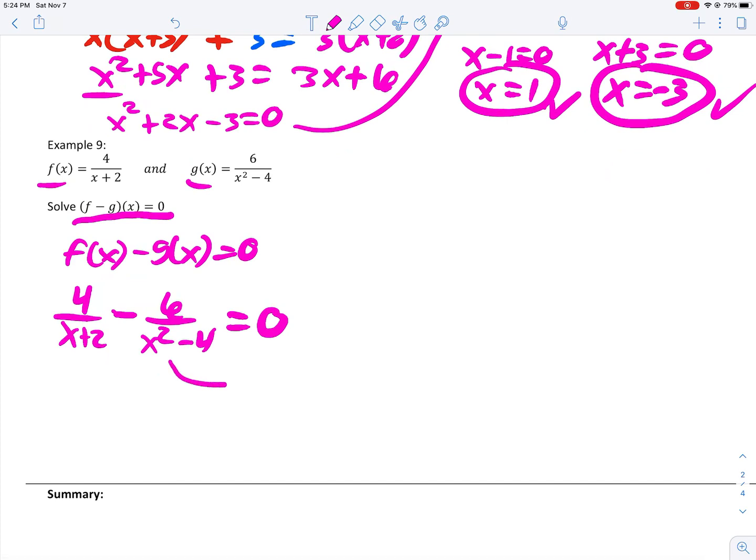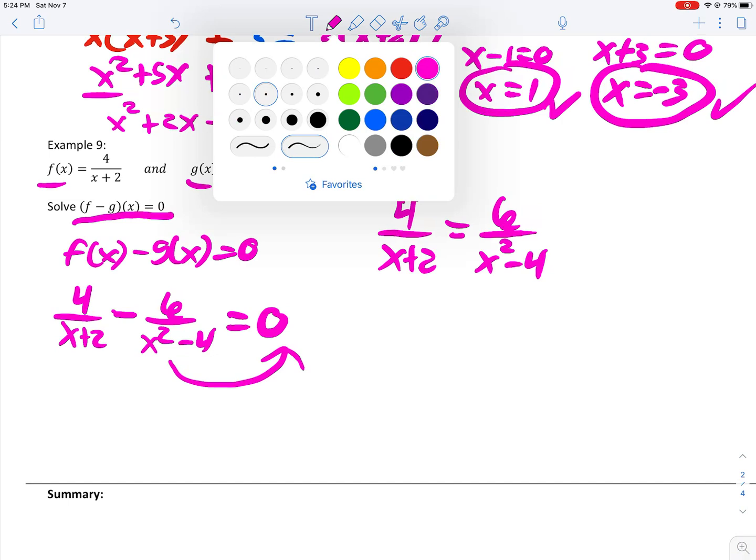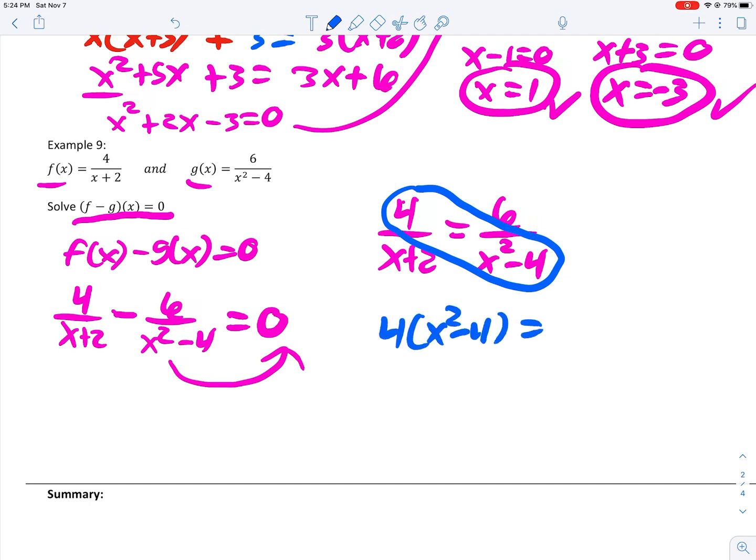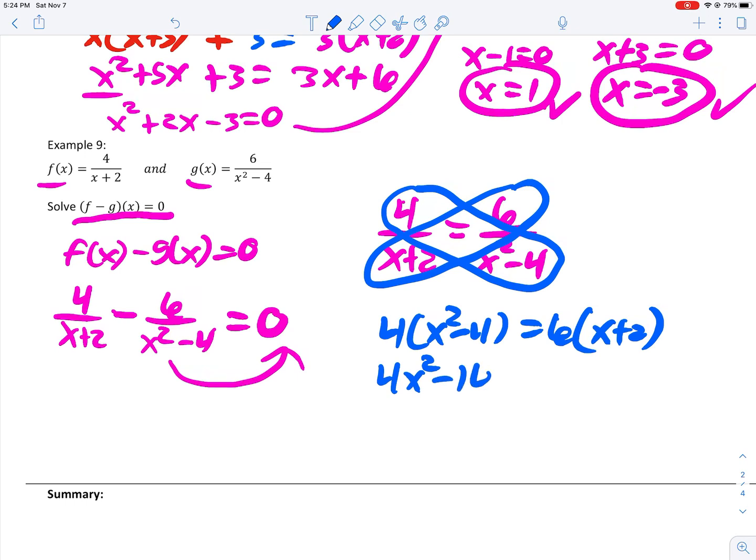So if I took this fraction here and moved it over here, now I'd have 6 over x squared minus 4. Now it's a proportion, right? Multiply diagonally across. So 4 times x squared minus 4, and 6 times x plus 2. So you get 4x squared minus 16 equals 6x plus 12.